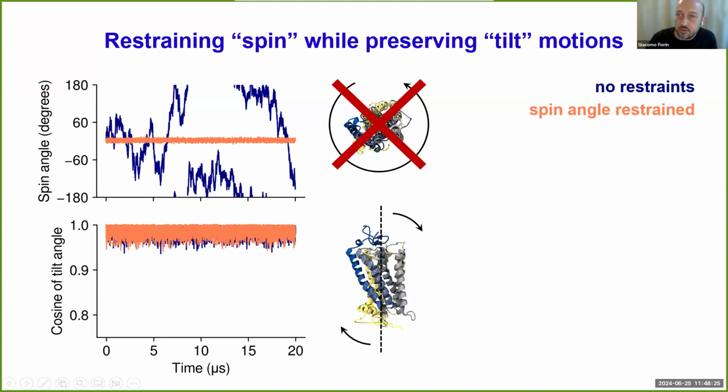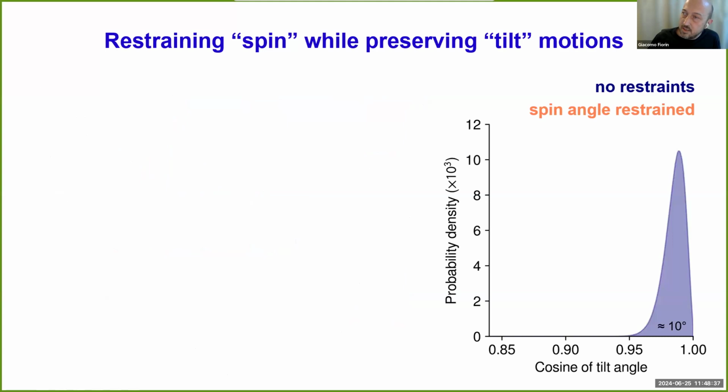Once we put a restraint on the spin angle, we can just completely stop it from moving, but the tilt angle seems to still fluctuate as much as it did before. Can we verify this is true? Yes. We can take the histogram of the cosine of the tilt angle without restraints. This is the normal simulation as you would do in MD without any Colvars restraints.